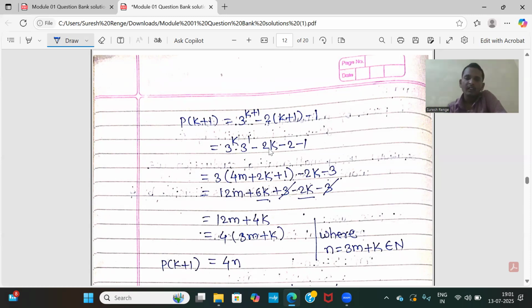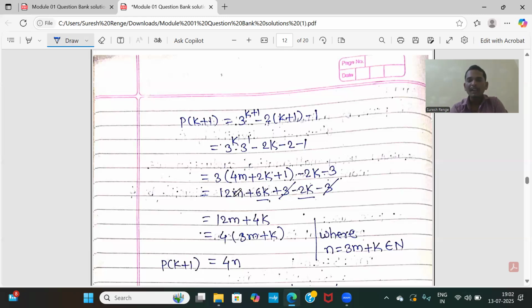Now put the value of 3^k from the second step, which is 4m plus 2k plus 1, and multiply.